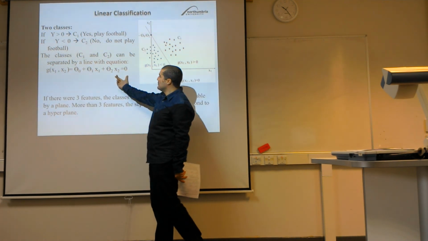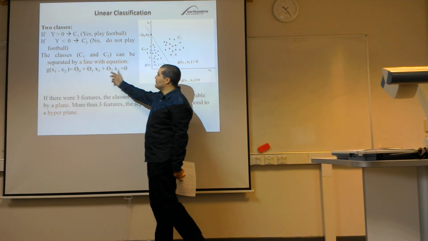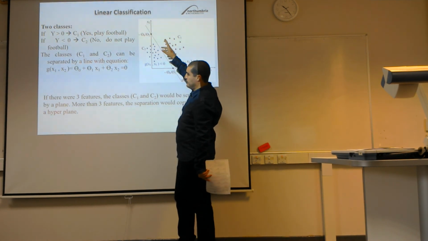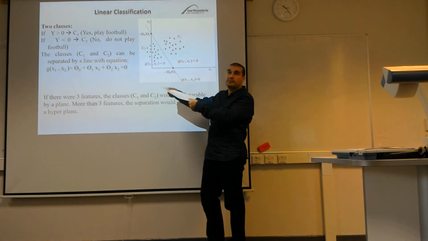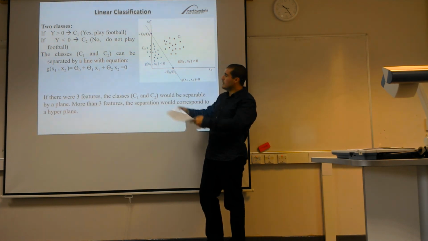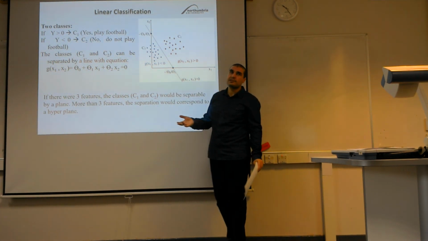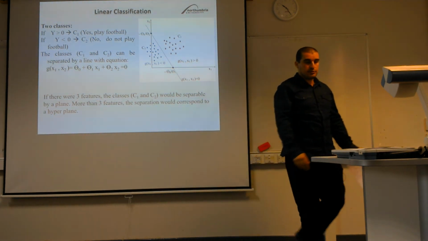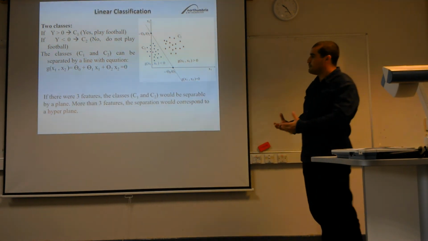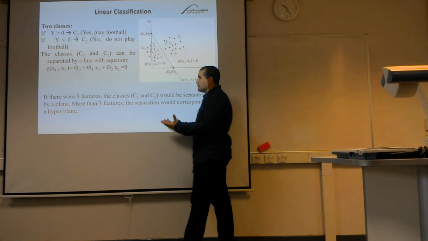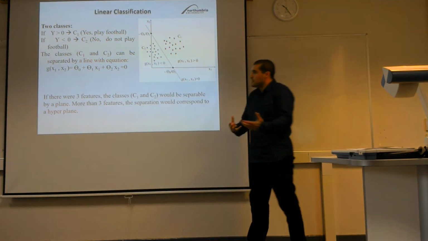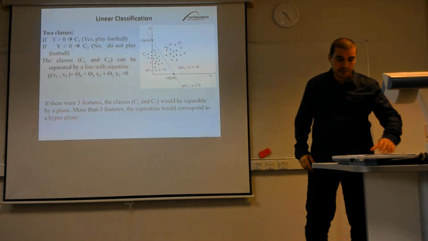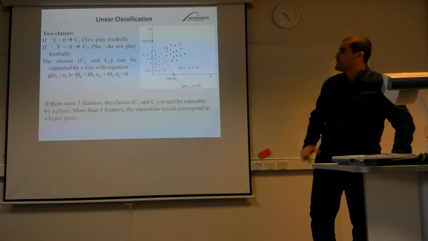So we will be talking about the equation of a separating plane, not line. In 2 features, this is the equation of the separating straight line. In 3 features, it will be a plane, mathematically speaking. But in more than 3 features, it's difficult to visualize, because it exists mathematically but is difficult to visualize. So we'll be talking about a hyperplane.